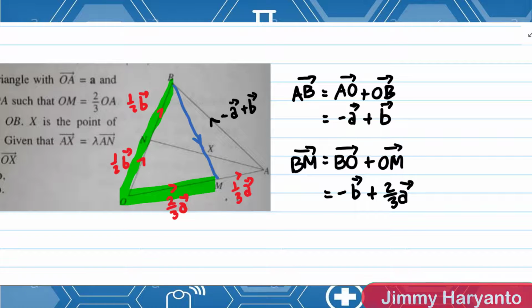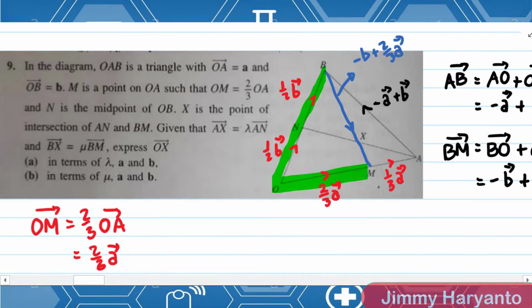Now we already have BM. BM is negative B plus 2 over 3A.